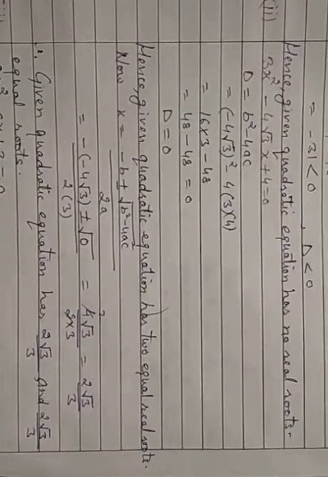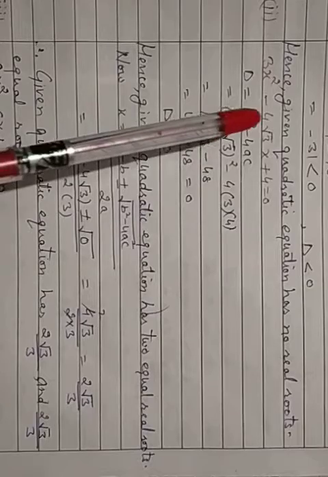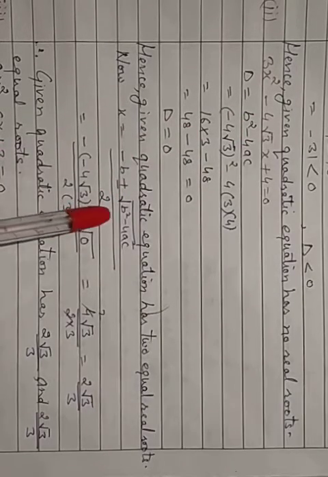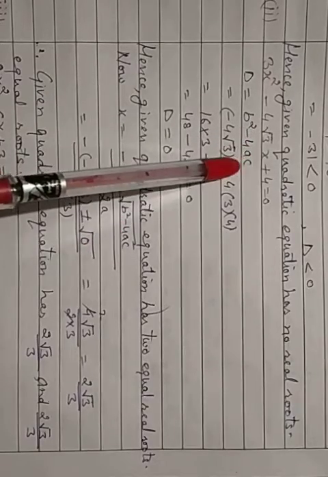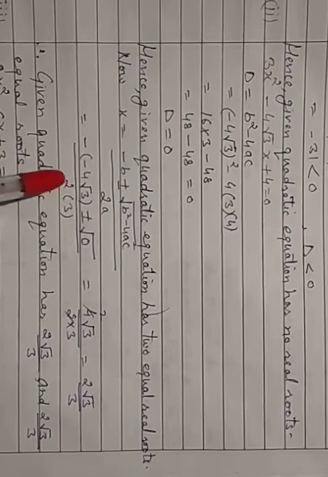You know what is b? Again, minus b. b is your minus 4 under root 3, plus minus under root b square minus 4ac. What is the solution of b square minus 4ac? 0. So in place of this we shall write 0, upon 2a.